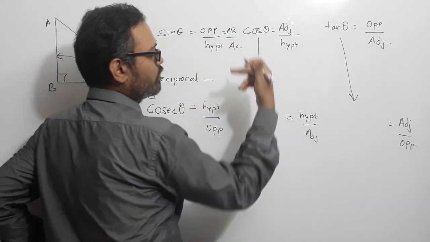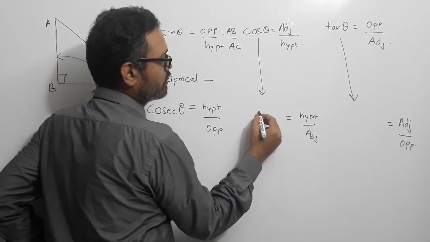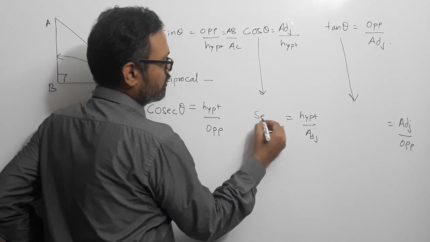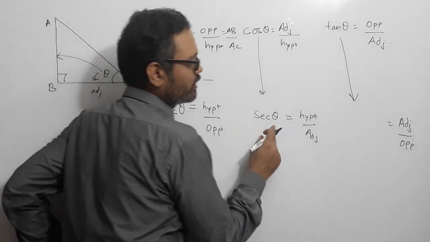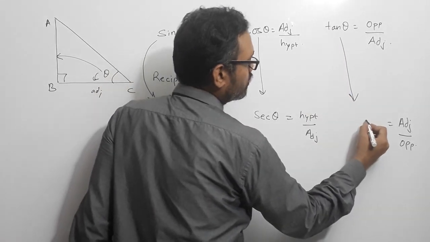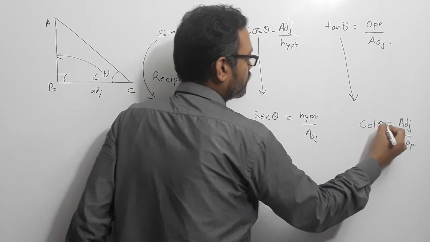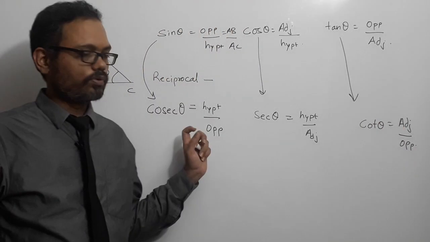What is the reciprocal of cos theta? It is sec theta, which is secant. What is the reciprocal of tan theta? It is cot theta. Okay, so these are the names of the reciprocals.